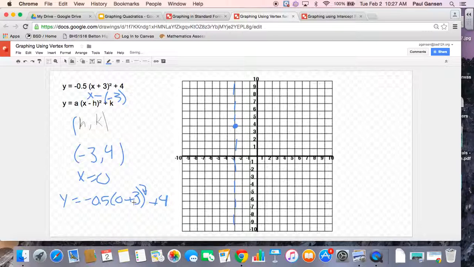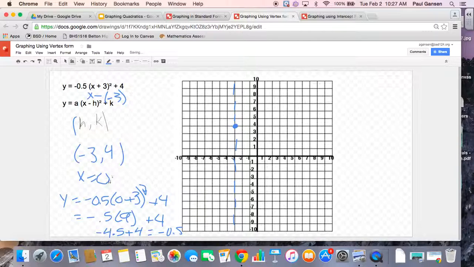Well, 0 plus 3 is 3, squared is 9. So we have negative 0.5 times 9 plus 4. I'll write this as negative 4.5 plus 4, and that is going to equal negative 0.5.